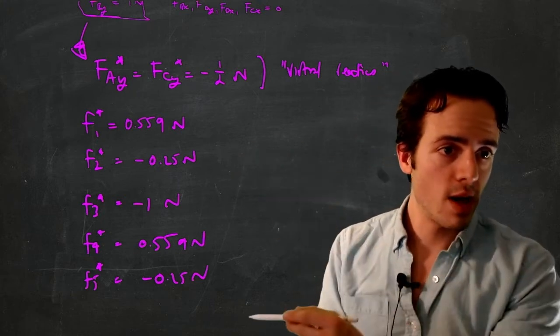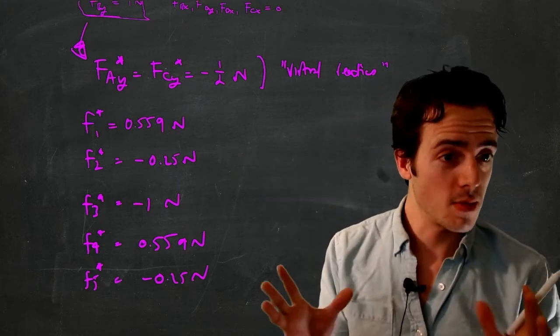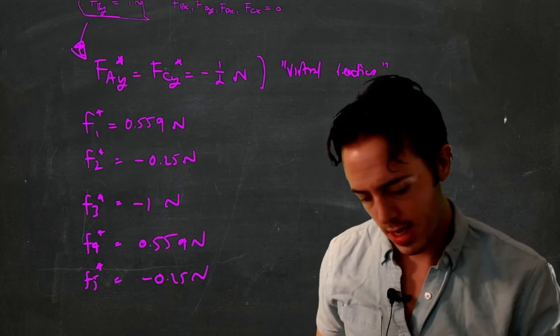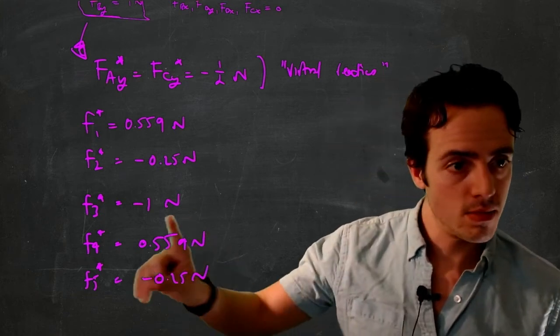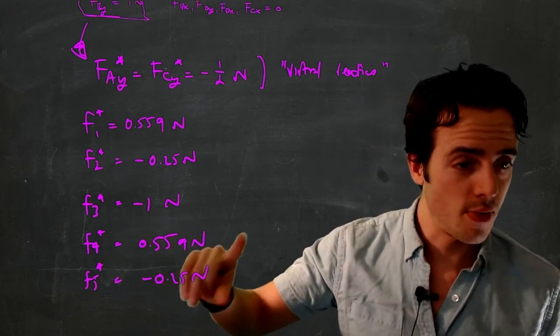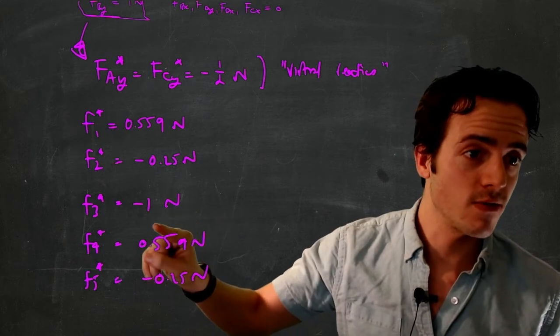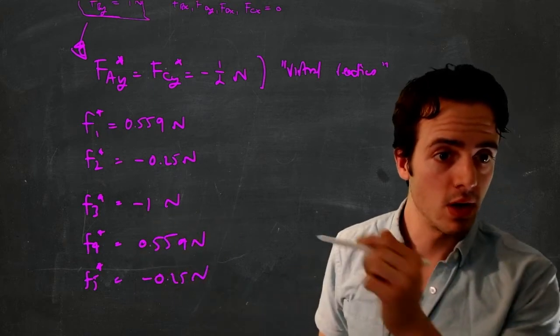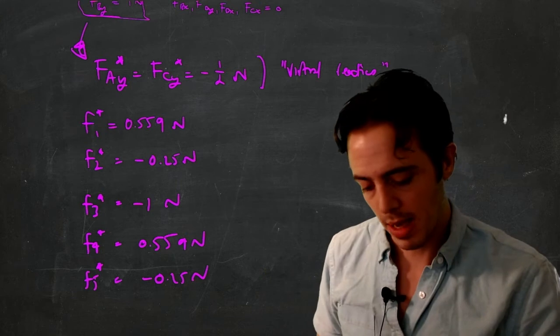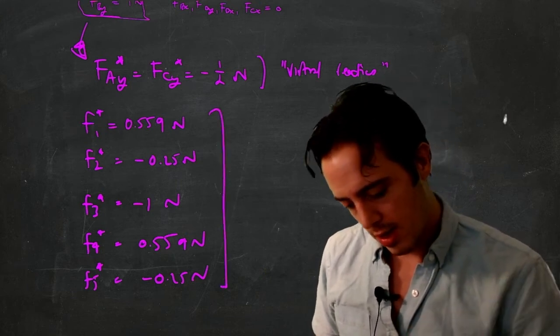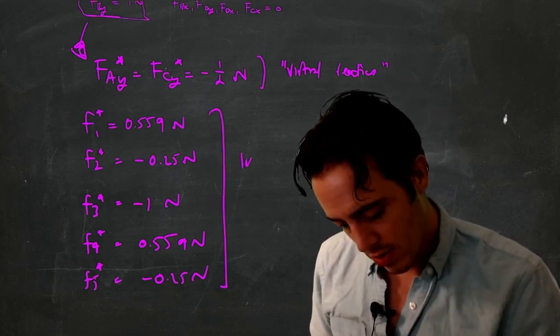So this is a nice symmetric distribution, which is what we expect with a symmetric structure being loaded symmetrically. And importantly, the member that's just directly above where we're applying this force has the correct sense force in it. So we're applying a vertical force of 1, we'd expect this member to be -1, meaning it's in compression. These are our internal virtual forces.